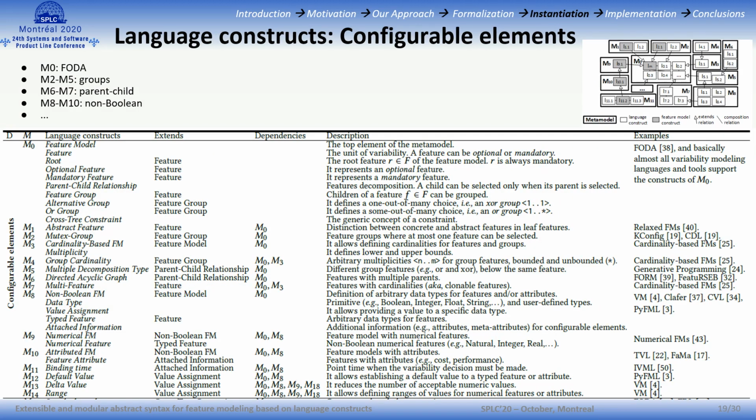Configurable elements, where we group the language constructs based on the type of variability they model. For example, metamodel 0 contains the FODA concept, metamodels 2 to 5 different types of feature groups, metamodels 6 to 7 parent-child relationships, metamodels 8 to 10 non-Boolean features, and so on.